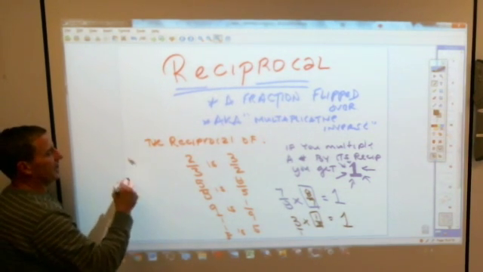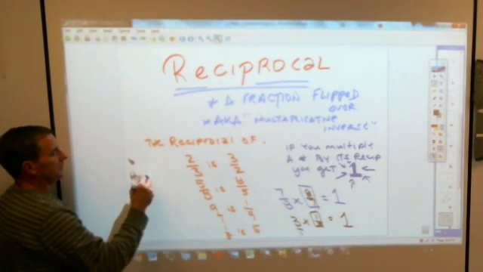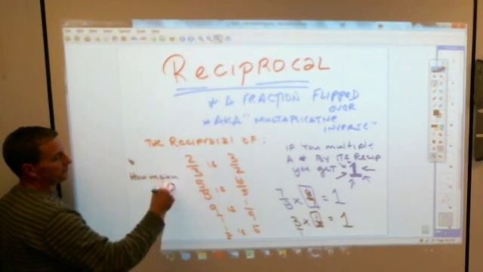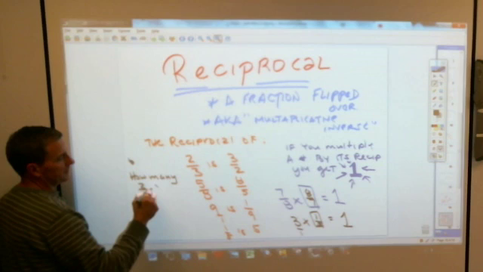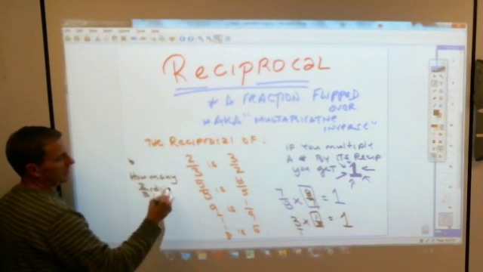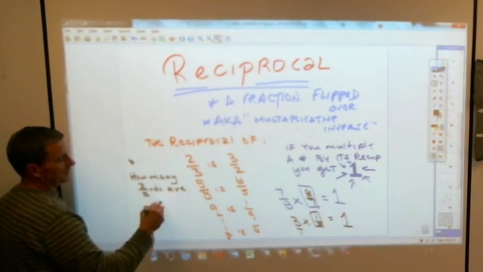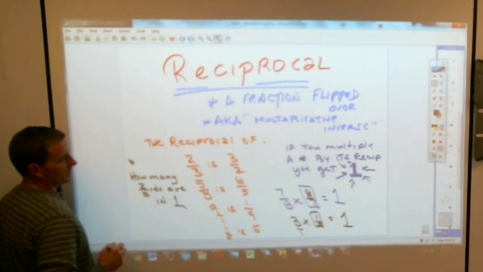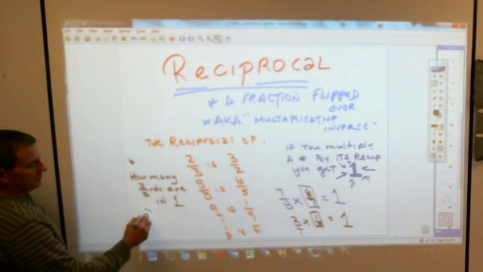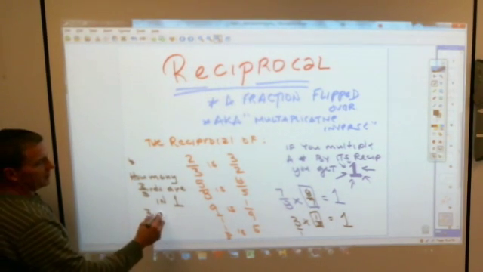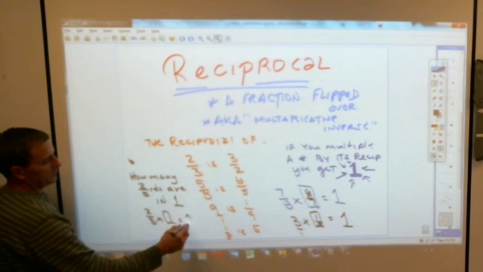Or this actually confuses people more. Here's a question: how many 2/3 are in 1? How many 2/3 are there in 1? Well, all they're asking you is, 2/3 times what number gives you 1?